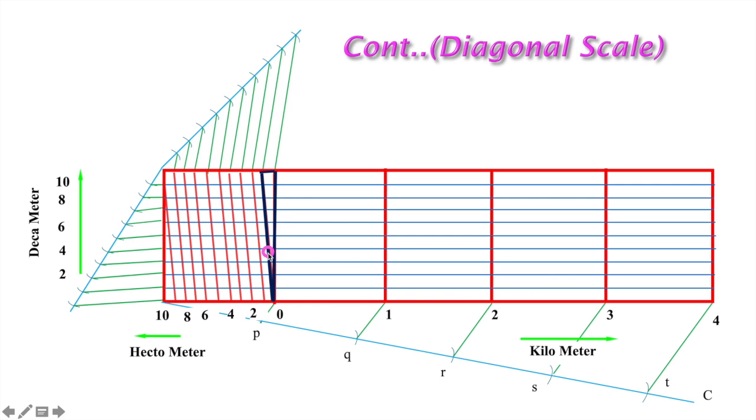Means when we go upward along this line, we are moving to the left side. So from here to here it is 0.01 kilometer movement. Again when we move here, we move 0.02 kilometer from this vertical line.